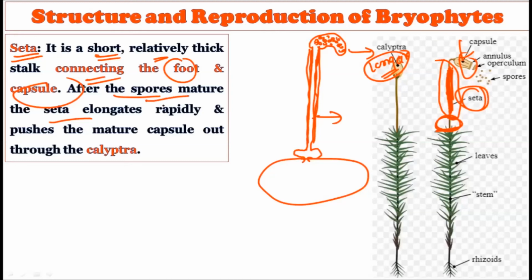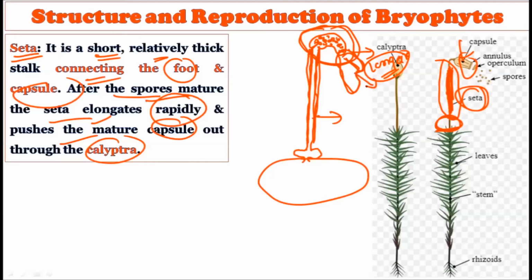After the spores mature, the seta elongates rapidly and pushes the mature capsule out of the calyptra. Whatever calyptra is surrounding this capsule, the seta pushes the capsule out of it like this, and now it is able to transfer all its spores outside the sporophytic plant body.